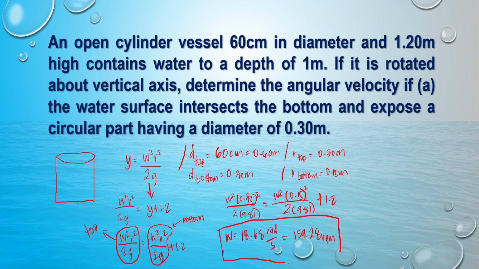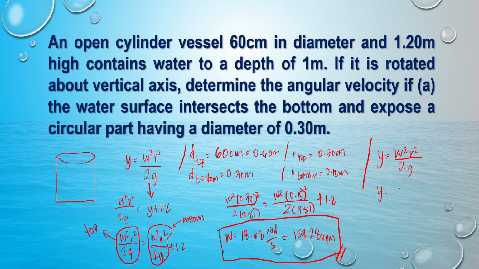Then if we're going to get the value of your Y, we have W squared r squared over 2g. So Y is equal to, let's just use 18.68 rad per second.